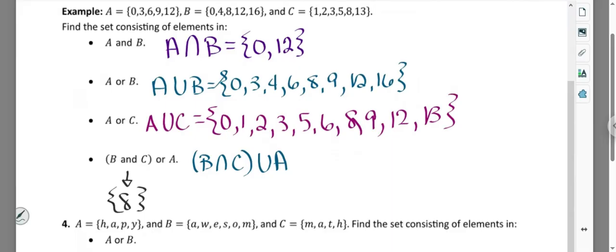Eight is the only number in both B and C. Now that combined with A. So 0, 3, 6, 8, 9, and 12. So all the elements of A, then and 8.